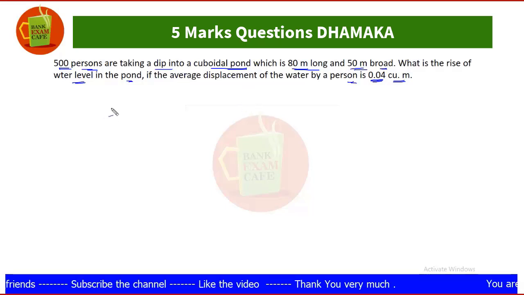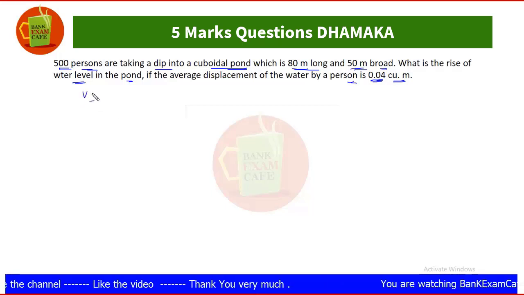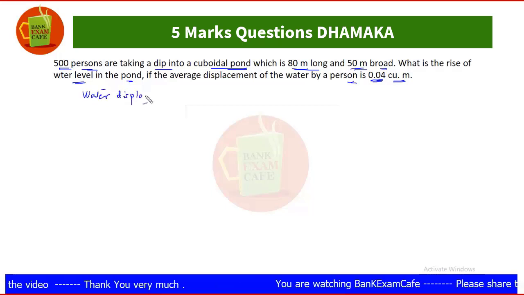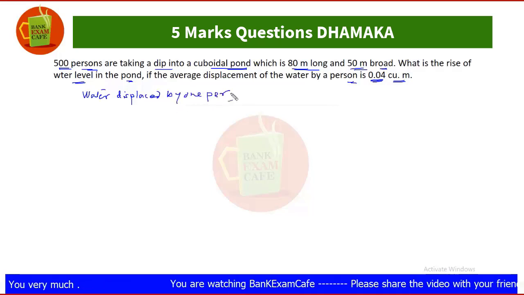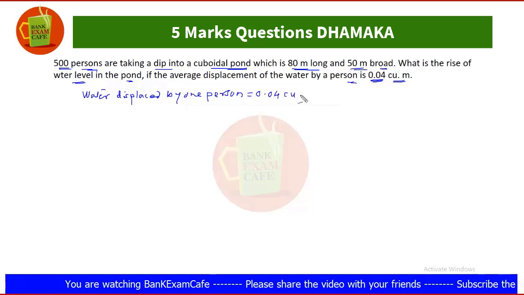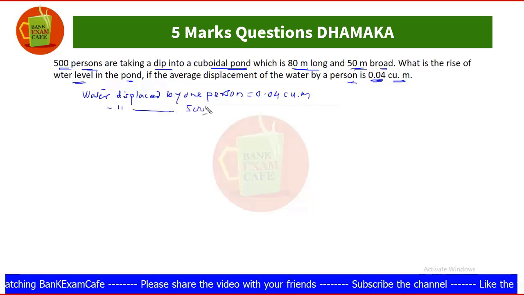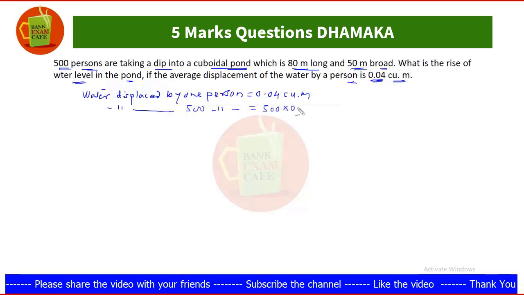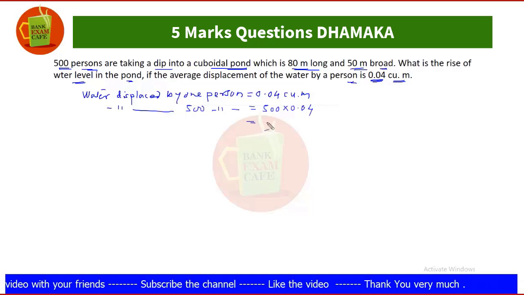So here the first important thing given to us is that the water displaced by one person is equal to 0.04 cubic meter, and therefore the water displaced by 500 persons will be equal to 500 into 0.04, and that will be equal to 20 cubic meter.